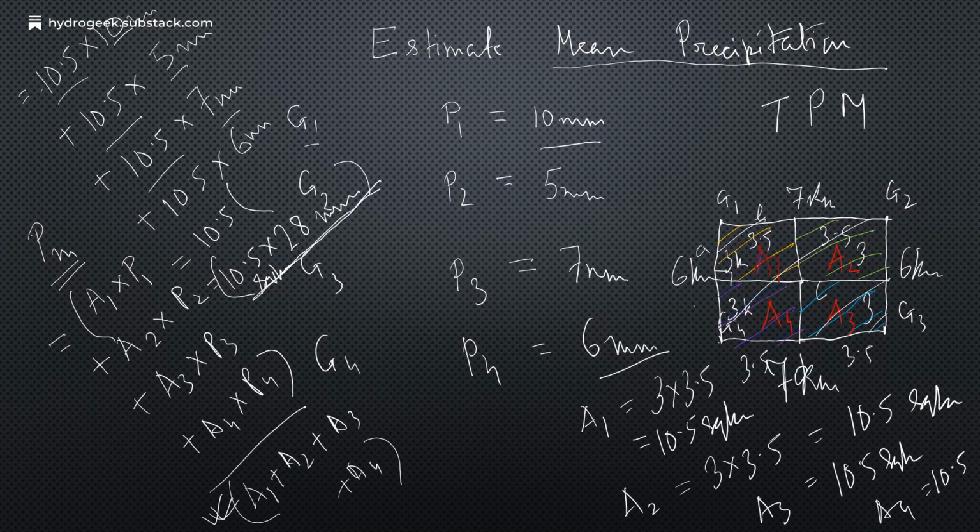This is actually 10.5 plus 10.5 plus 10.5 plus 10.5, that means 4 into 10.5.